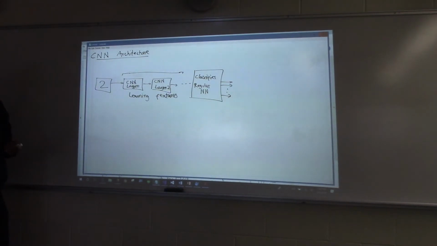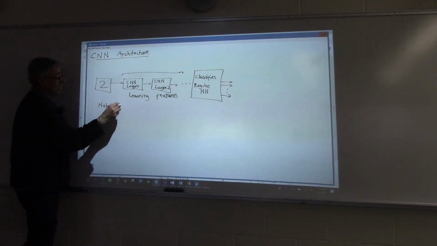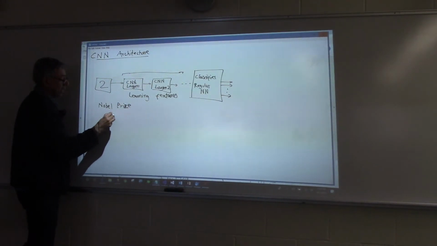In fact, I was half joking that whoever designed this should be given a Nobel Prize, if you remember, right? I don't know how many of you looked at the news last week. The equivalent of the Nobel Prize in computer science is called the Turing Award.